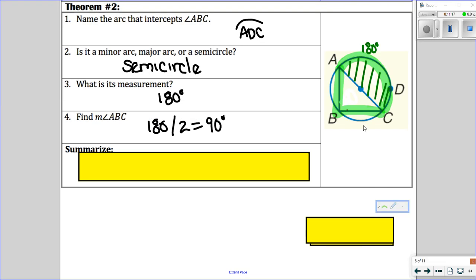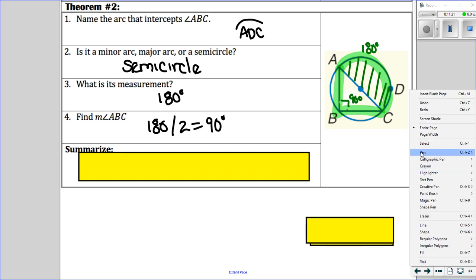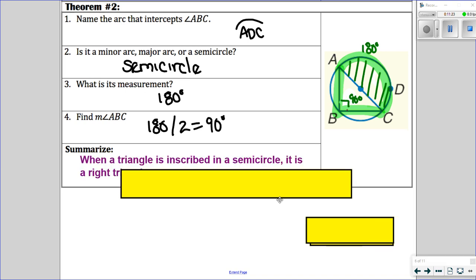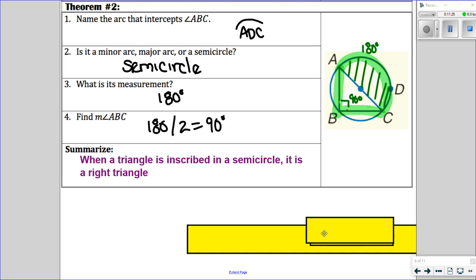So we have a right angle over there. So the summary for this theorem, based on what we just did, is that when a triangle is inscribed in a semicircle, it is a right triangle, because half of 180 is 90, and 90 is a right angle, which is found in a right triangle.